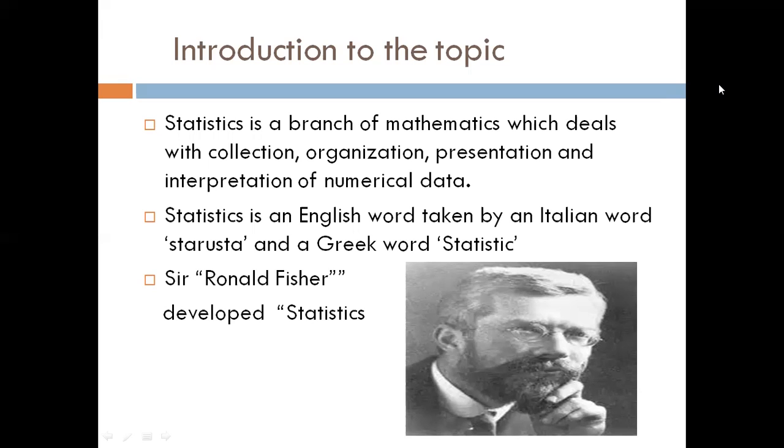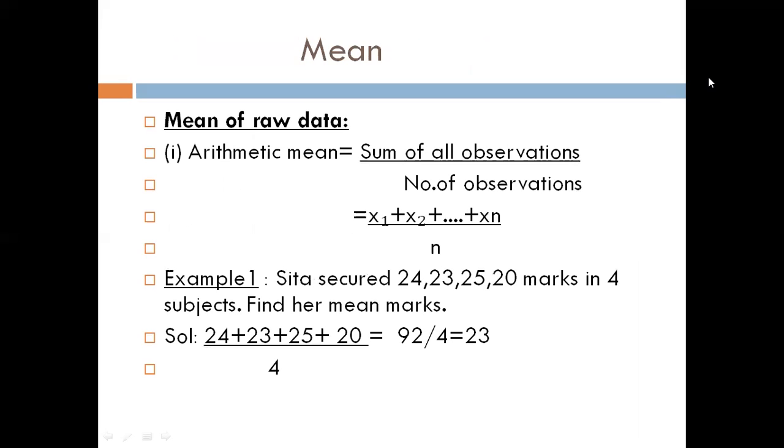Now the next one is how to find the mean of raw data. Raw data means you know that a bulk of data is given, then from the data how to find the mean. Already you have learned this in class 5, it is arithmetic mean, nothing but the same. And you represent mean with x bar.